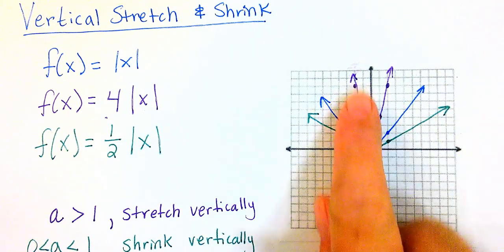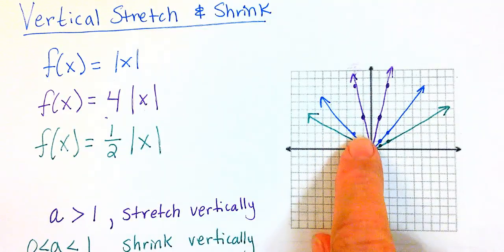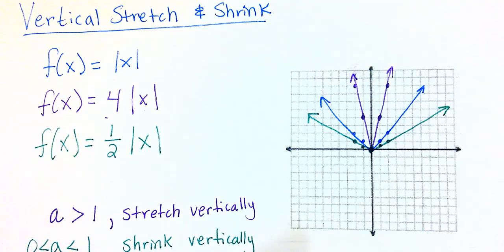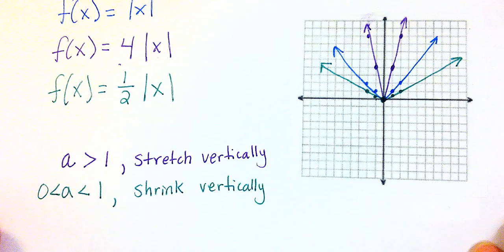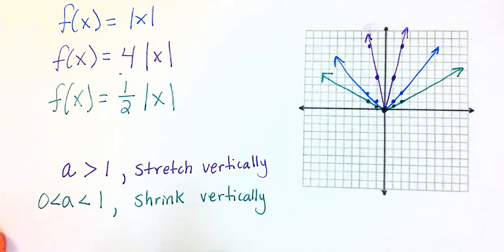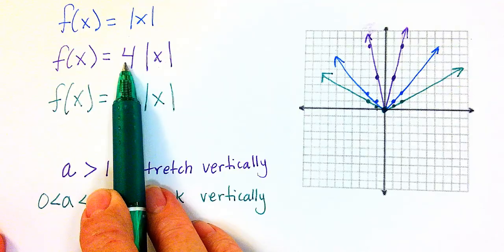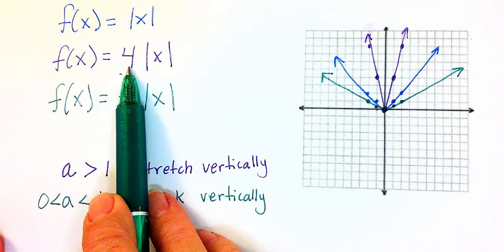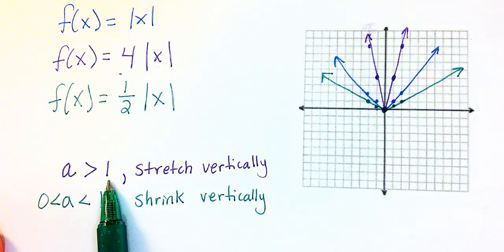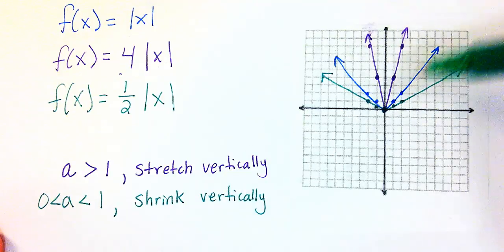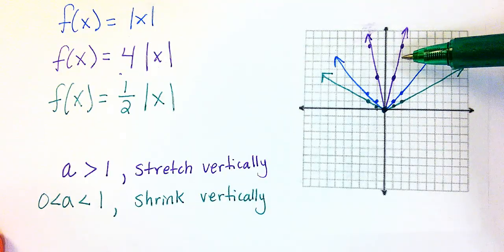This one that's skinnier is called stretching. And again, we're thinking in the vertical direction, the up and the down. So we're going to shrink or stretch. And so here's our rule for that. If the number that we have in the front, we're going to call that A. If this number A is greater than 1, it's going to stretch vertically because it's going to go up by a larger factor.